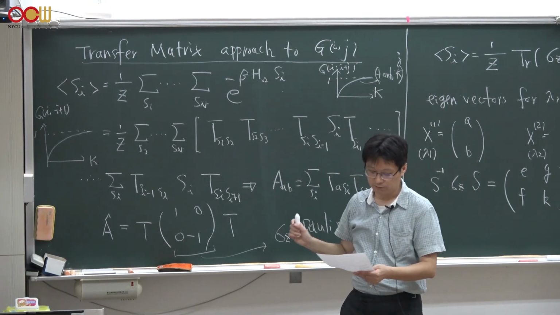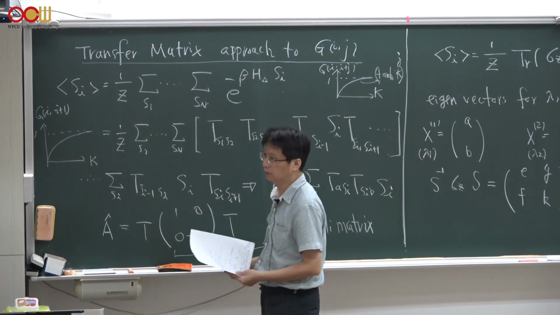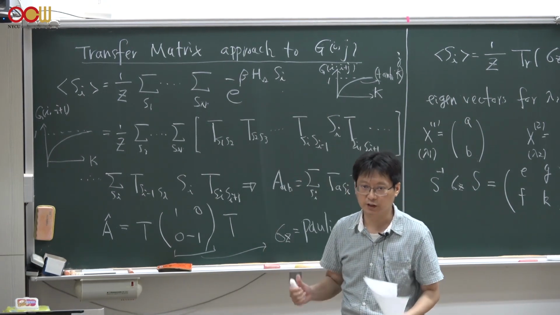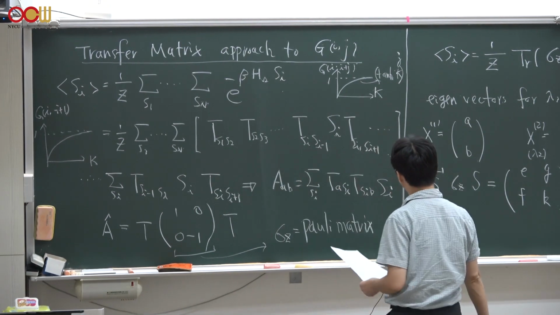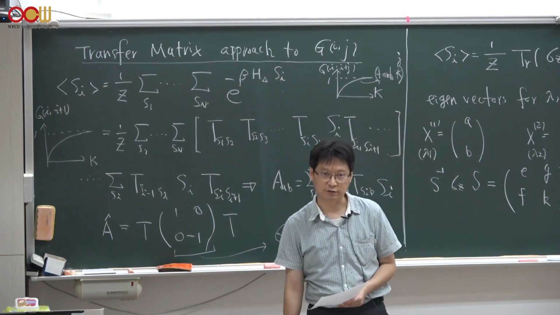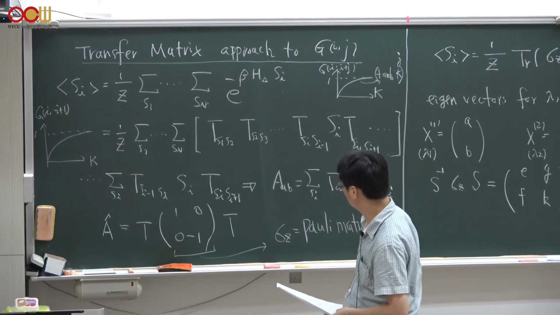So you can see very clearly that the correlation gives a 100% probability of finding these two spins having the same value in the zero temperature limit. And we can also define this correlation length, and it diverges exponentially as temperature is reduced to 0.